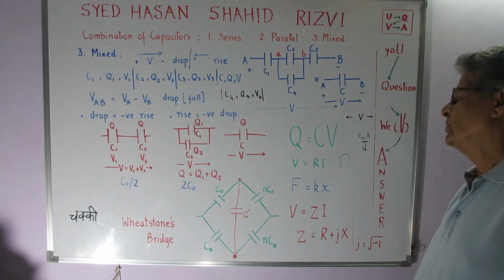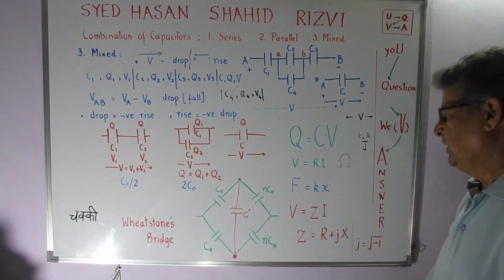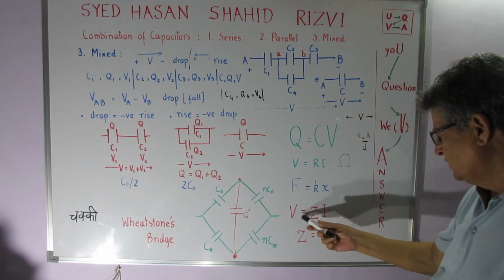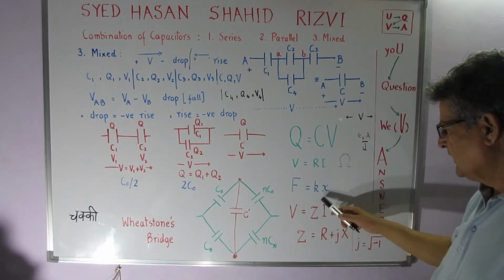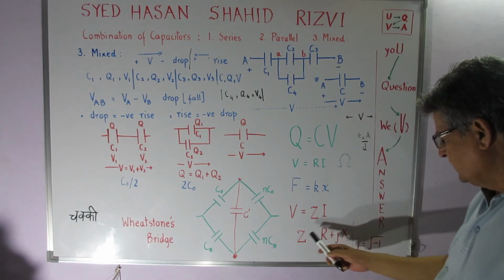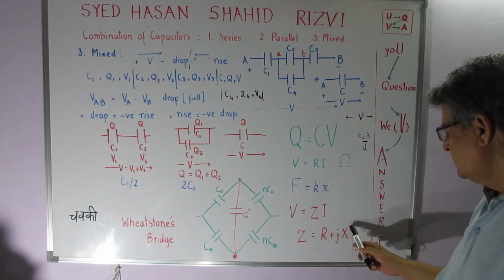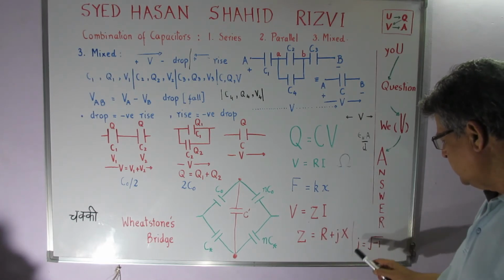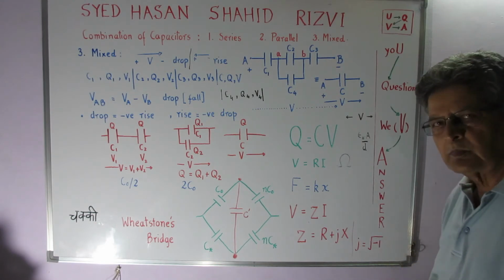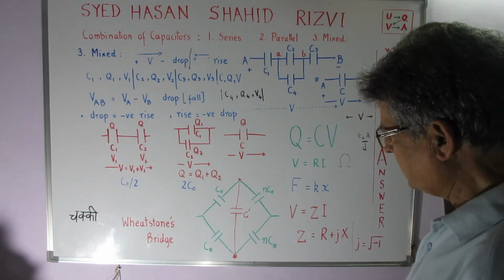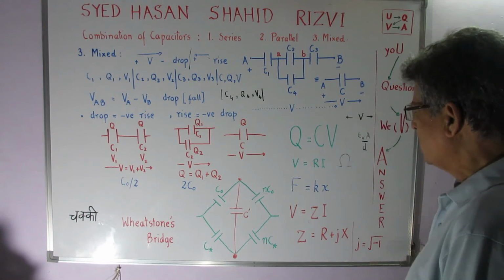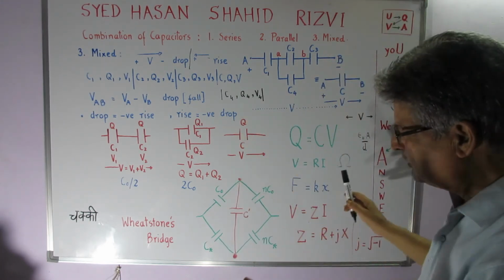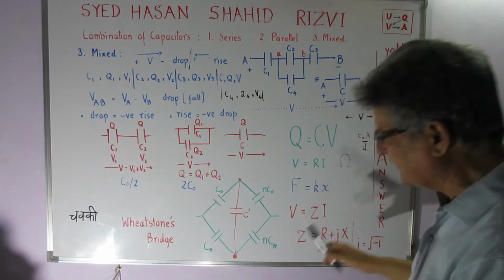And later on, when we talk about the alternating current systems, then V is equal to Zi, where Z is the impedance, Z is equal to R plus Jx, and Z square is equal to R square plus X square, J is equal to under root minus 1, which is just like the iota of complex algebra. Okay. We can do similar kind of things. No difficulty, no problem, no nothing, not at all.